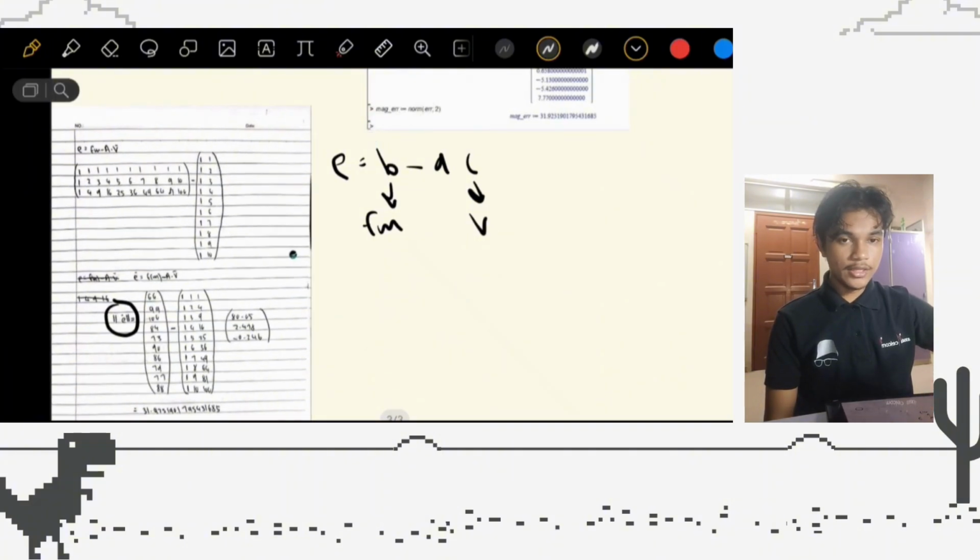And if we need a single number to quantify the overall quality of the fit, we need to use the magnitude of the error.